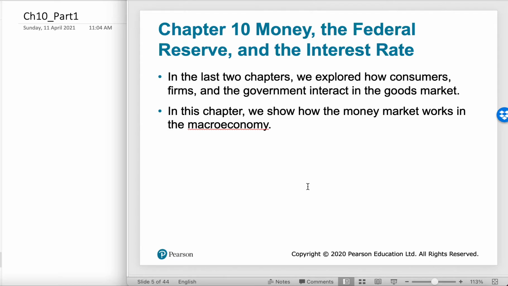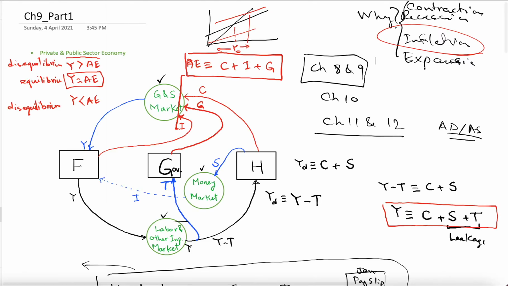Now in this chapter we will discuss the money market. If I take you back to the chapter 9 circular flow diagram, our focus was analyzing the goods and services market in chapters 8 and 9, as I said before.